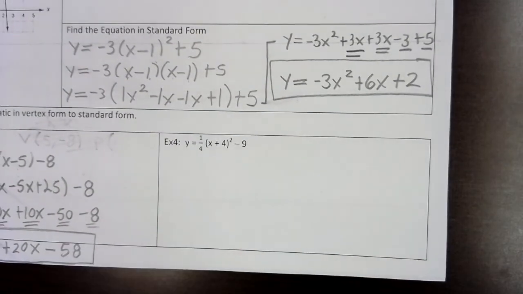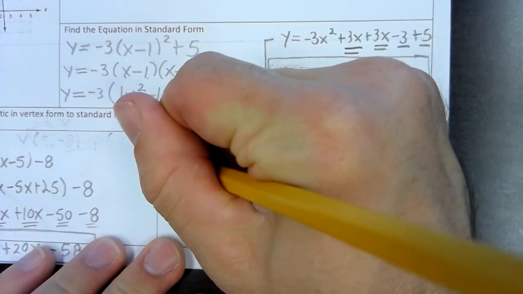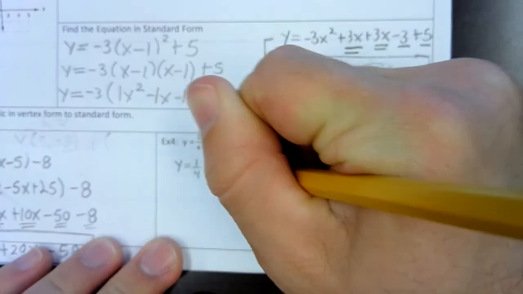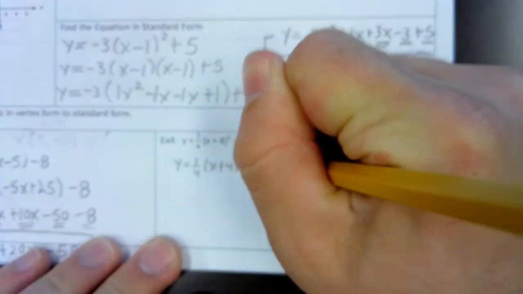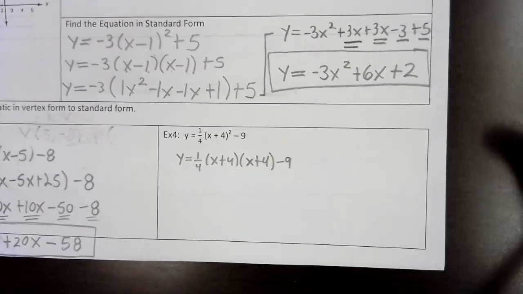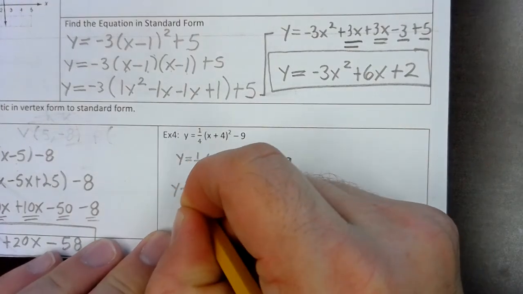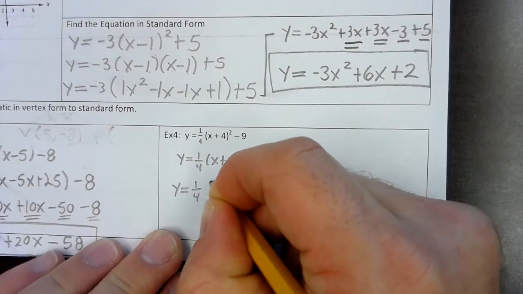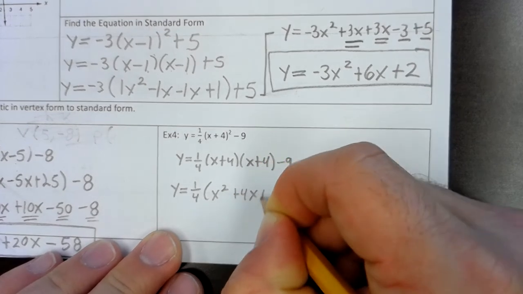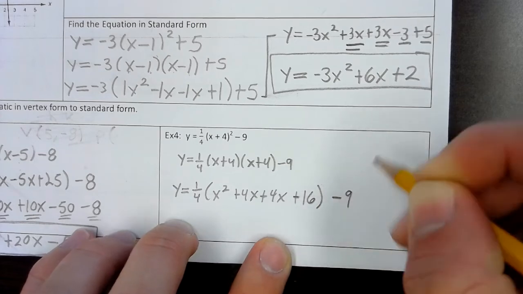So really, we start in step 6, where we simplify the x minus 8 squared. So then this is y equals 1/4 (x plus 4) times (x plus 4) minus 9. It's not your eyes. That was a little blurry. So then y equals 1/4 x squared plus 4x plus 4x plus 16 minus 9.